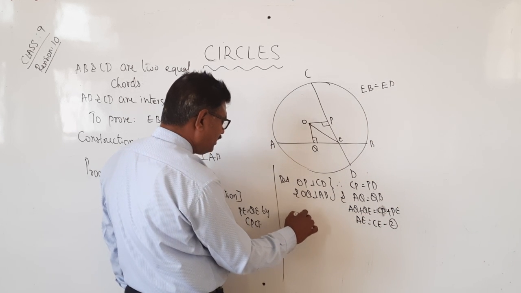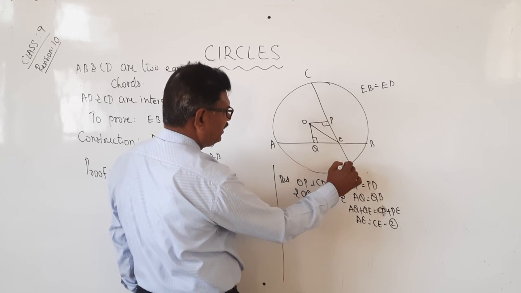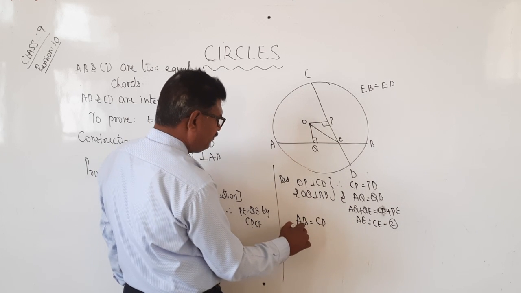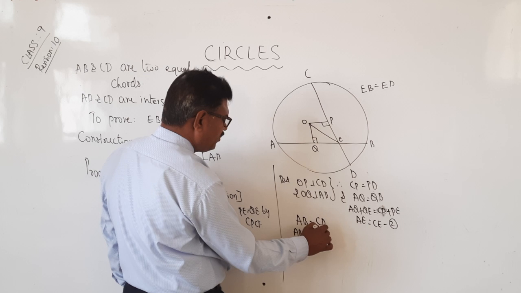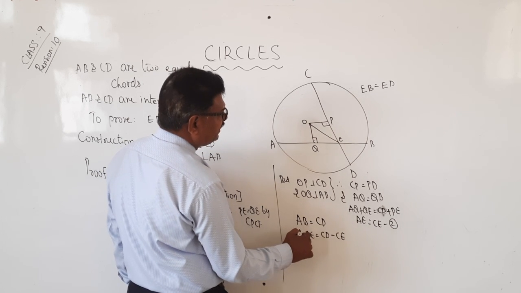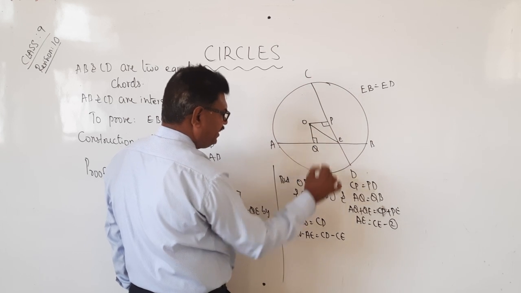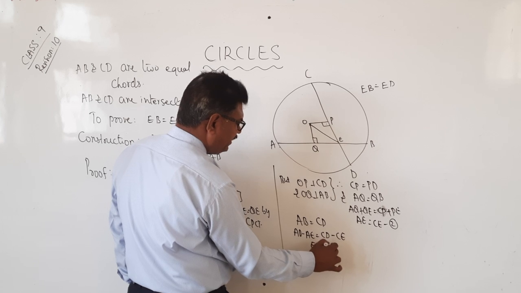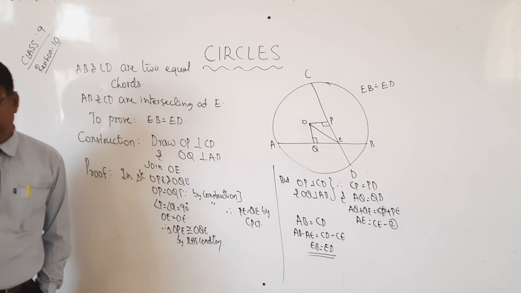Now already we know that AB equal to CD. Subtracting, therefore, AB minus AE equal to CD minus CE. AB minus AE means EB will be equal to ED. Okay, this is the concept. Okay, na? Please take down.